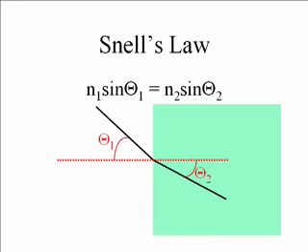It passes through the interface into a medium of higher index of refraction. For example, this can be a ray of light moving from air on the left into water on the right. The ray of light is bent toward the normal.